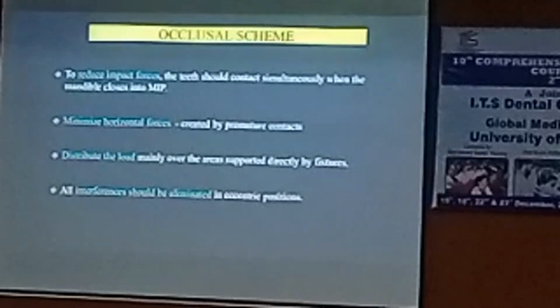And all interferences, what is interference? Premature contact can be interference, yes. What else? Interferences are usually seen on the non-working side. Whenever you do a lateral excursion, on the non-working side, if there is a contact, it's called an interference.